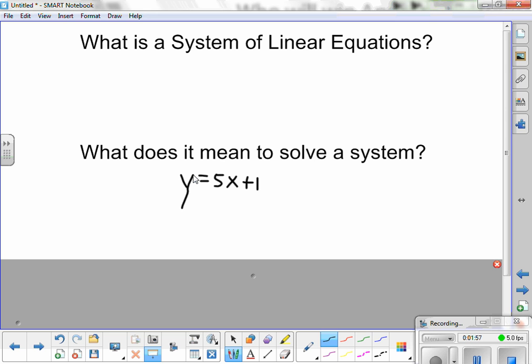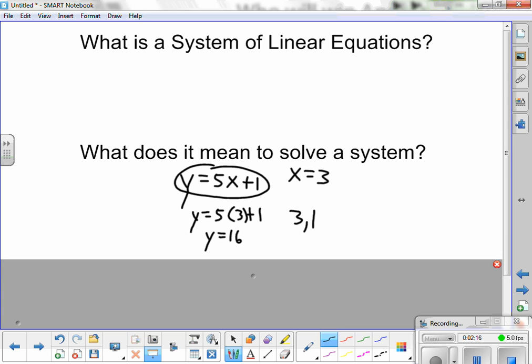Let's say x is 3. You plug in 3, so y equals 5 times 3 plus 1, which is 15 plus 1, so y equals 16. One solution to this equation is (3, 16).